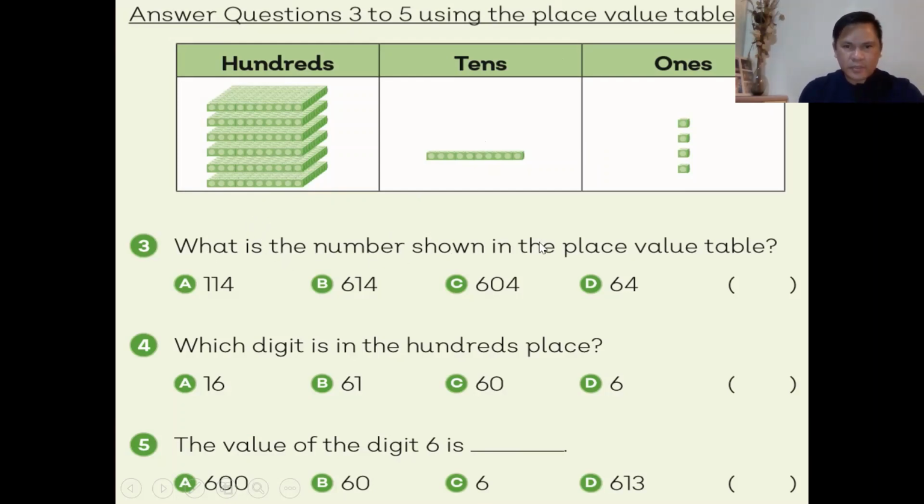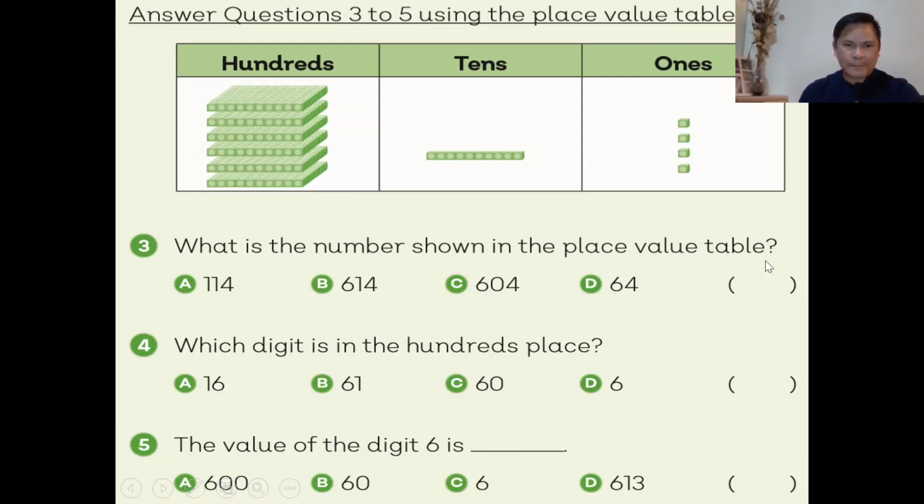What is the number shown in the place value table? Can you count the hundreds, tens, and ones? Is it A, 114? B, 614, C, 604, or D, 64?